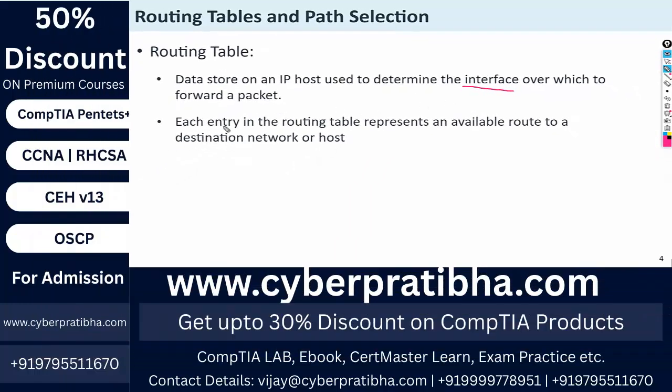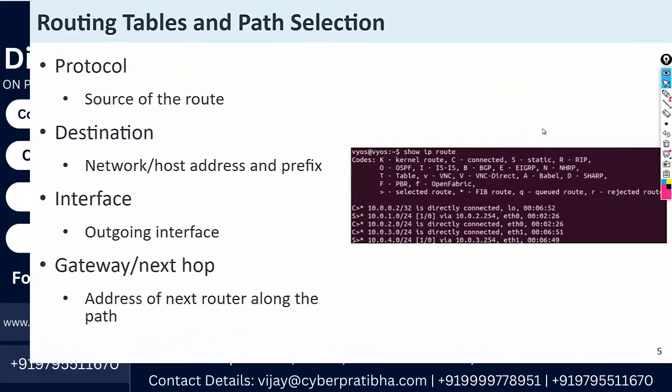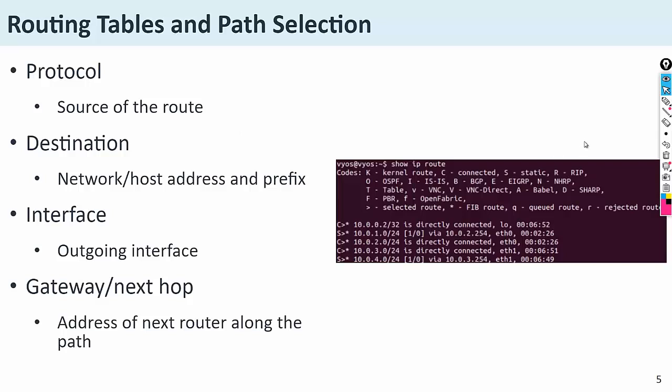Every entry must exist inside the routing table which represents the available routes to the destination network or the host. Okay, so what information exists inside the routing table? The first information is protocol, then destination, interface and gateway. You run the command show ip route, and it will display some information. First, it will display the route protocol.